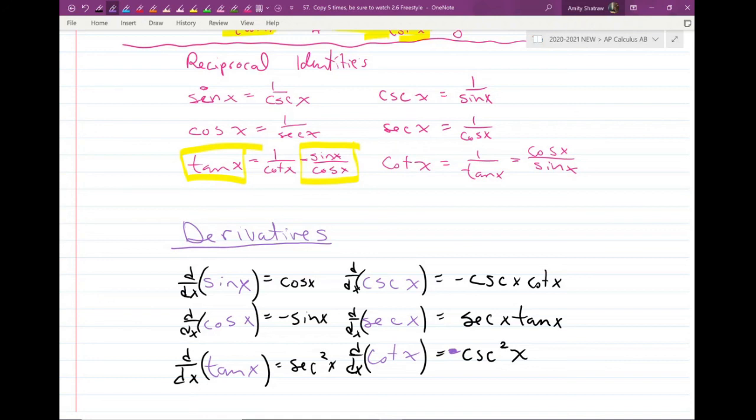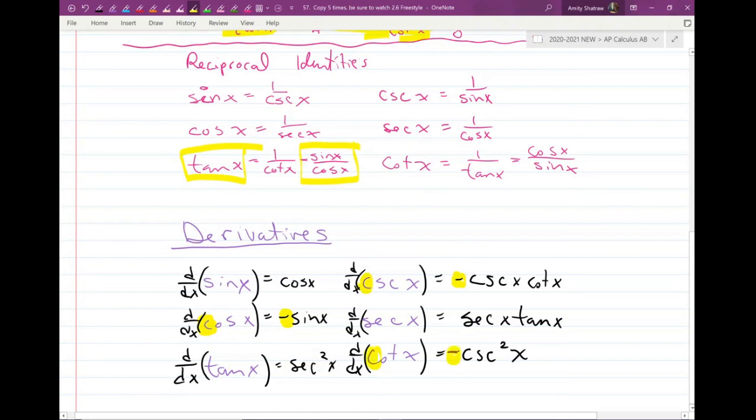You can memorize it any way that you want to, organizing it in some sort of fashion that helps you with your memory. I wanted to mention to you that if your trig function starts with a c, it will have a negative derivative.